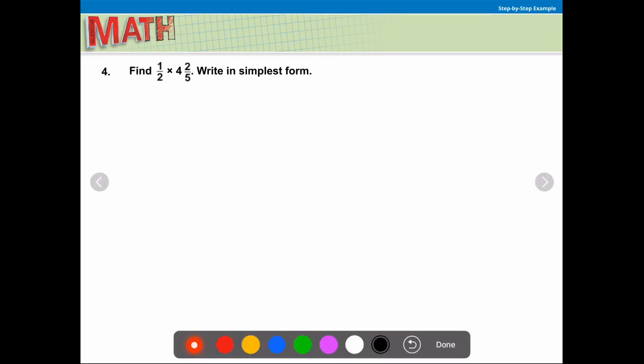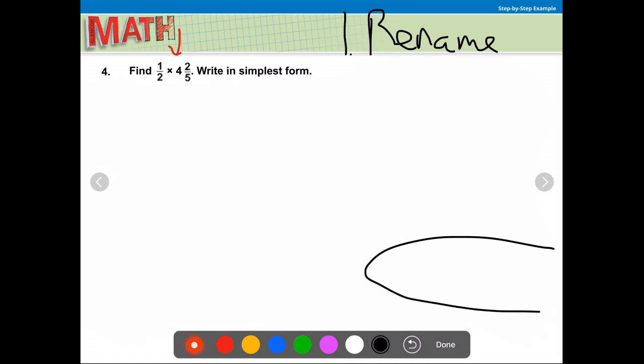Okay, so let's look over here. Over here I have a mixed number. So when we go to step 1 and rename, we need to rename this mixed number. So let me write it over here. So I have 2/5 plus, and I want some other amount of fifths, and this just needs to be the 4.